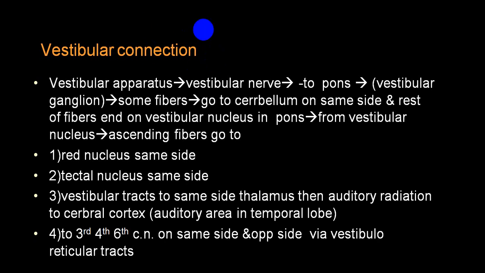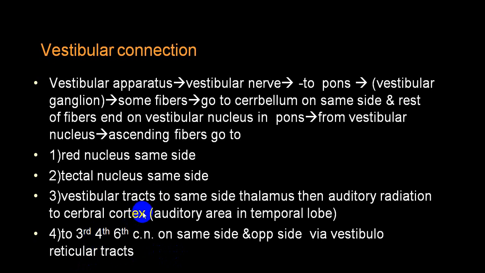It is also connected to the 3, 4 and 6 cranial nerves, and also via vestibulo-reticular tracts. It will take part in oculocephalic reflexes. So whenever there is damage to these vestibular connections and the vestibular apparatus, it can give rise to nystagmus because of that connection to the 3, 4 and 6 cranial nerves.